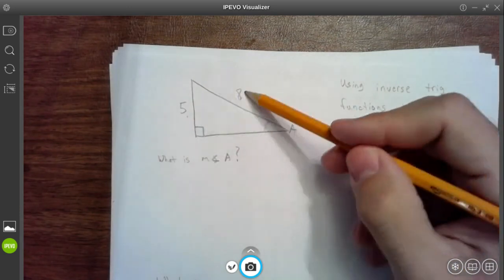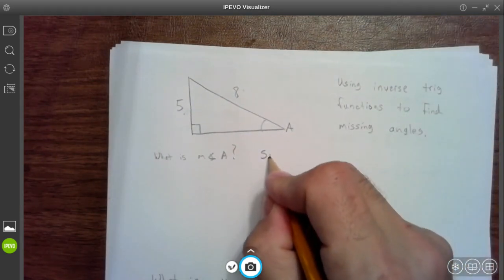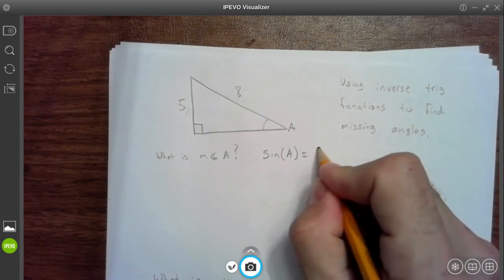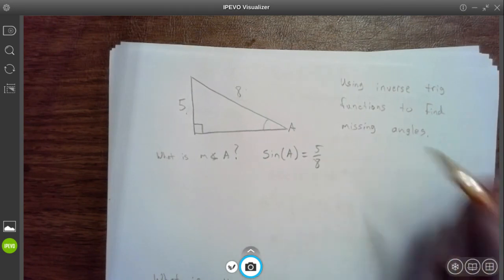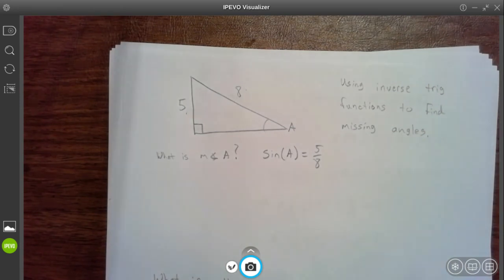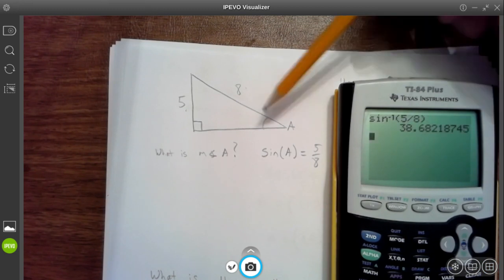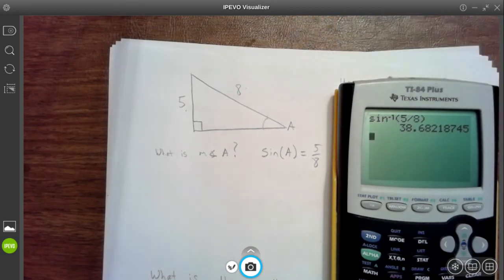We've got the opposite and the hypotenuse. So I'm going to say sine of angle A is equal to 5/8. If I want to know what angle A is, I'm just going to do the inverse sine of 5/8, and that tells me that angle is 38.68.